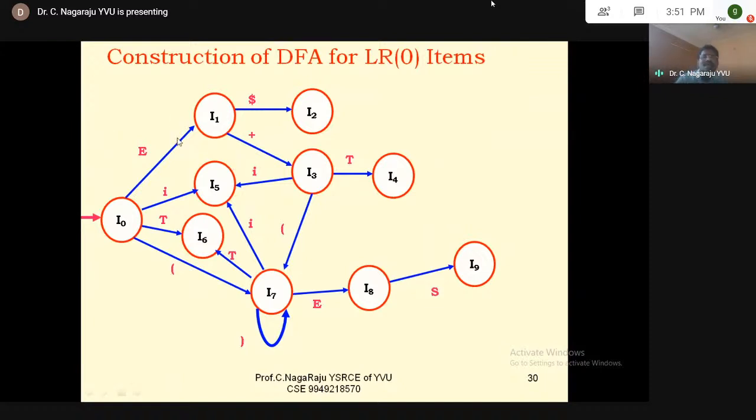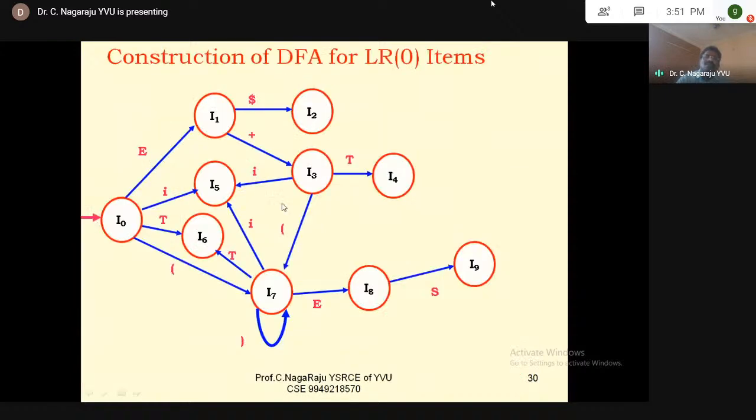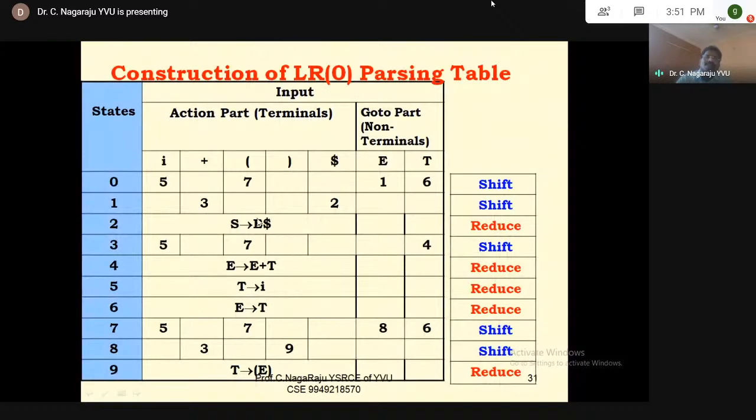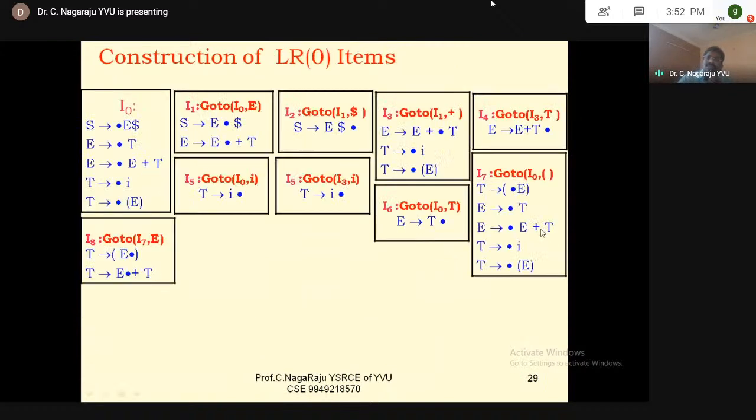But based on this one, you can construct the LR parsing table. Just see how we are constructing it. The parse table contains the states. How many states are there? 9 states are there. You can see that we can find the 9 states, right?